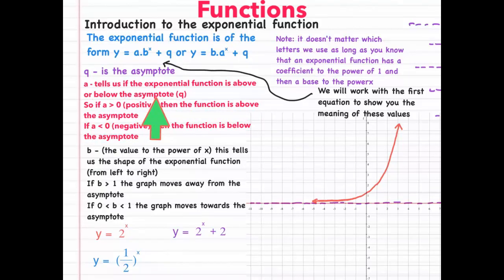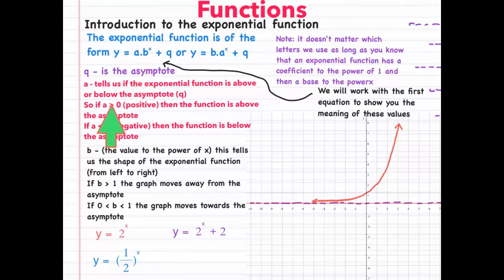Very important to remember. If a is greater than 0, so if that is a positive number coefficient, that means the function is above the asymptote. If a is less than 0, it means that the function is below the asymptote. And a can never be equal to 0, because then all of that will be 0.